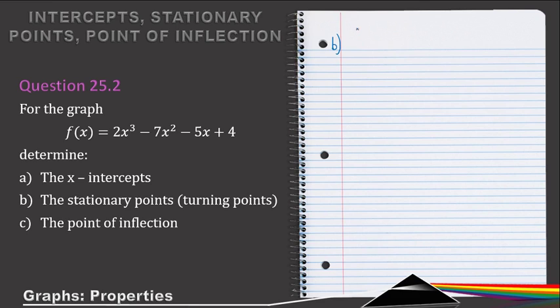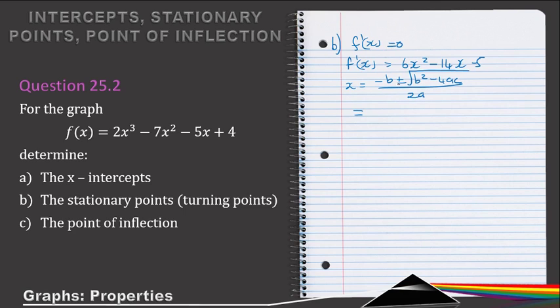And B says stationary points. So for stationary points, we need to find the first derivative of our graph and equal it to 0. So my first derivative then is equal to 6x squared minus 14x minus 5. Okay, and this one can't actually factorize, so therefore I'm going to use the quadratic formula. So x is equal to negative b plus or minus the square root of b squared minus 4ac, over 2a.